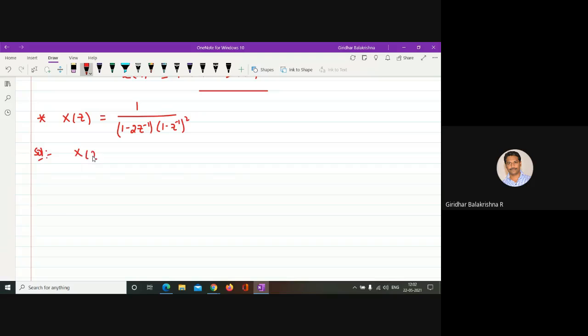So you can represent X of z as 1 by 1 minus 2 into 1 by z, since z inverse is 1 by z, and 1 by 1 minus 1 by z whole square. Take LCM and take common, and now tell me the expression for X of z in terms of numerator and denominator.